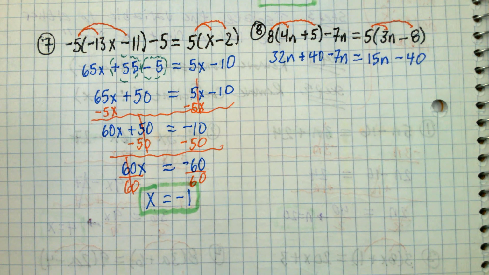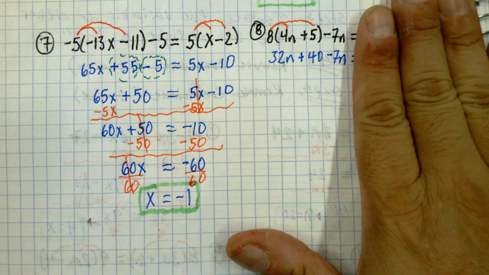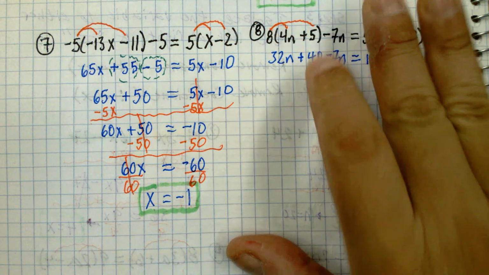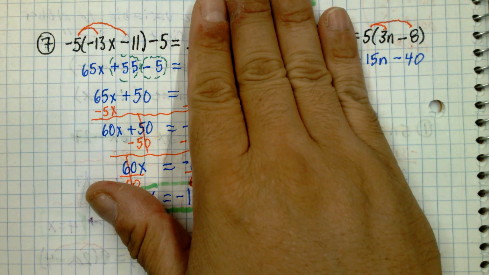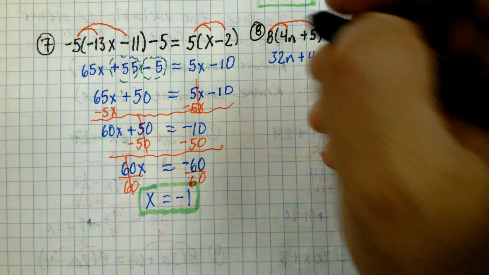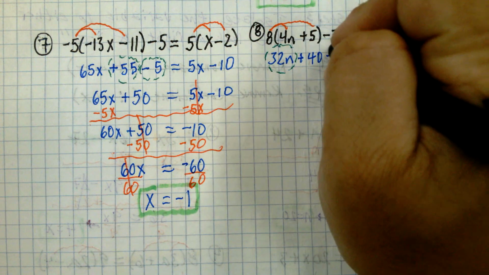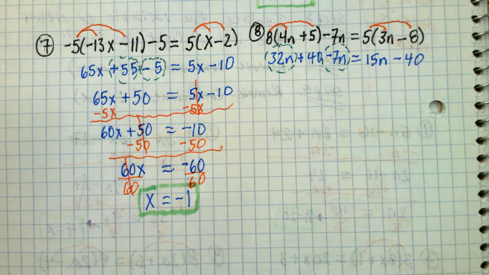All right. Distributing successful. So the next step is, can I combine on either side? Yeah, it looks like on the left side, I can combine 32n and minus 7n. Let's look at the right side. Nope, nothing to combine there. So let's combine 32n, that's positive, and minus 7n, that's negative.